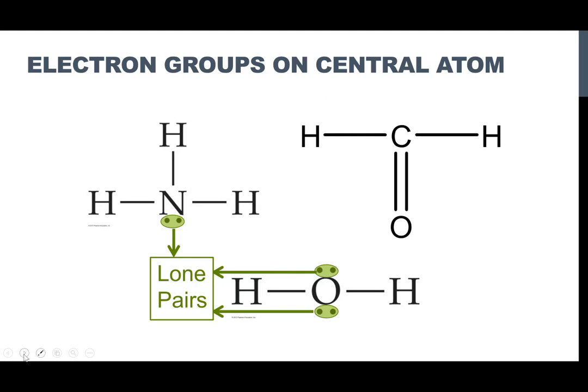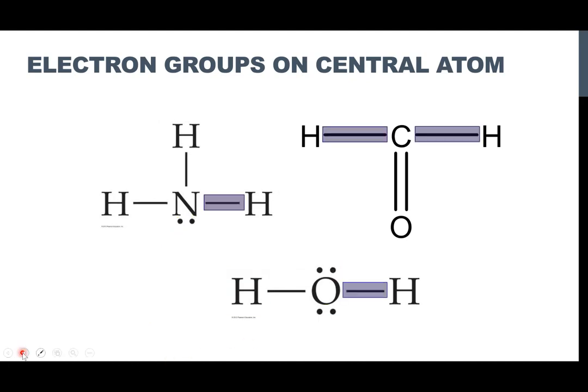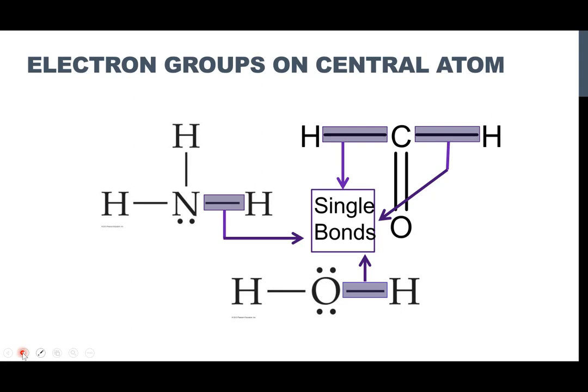We're going to look at the different types of things that are attached to the central atom. So one of the first things that we're going to look for is lone pairs. So looking at this ammonia molecule, it's going to have 1 lone pair. Looking at this oxygen atom, it's going to have 2 lone pairs. So we're going to look for and identify lone pairs. We're also going to look for and identify single bonds. So single bonds are just those 2 electrons that are being shared.